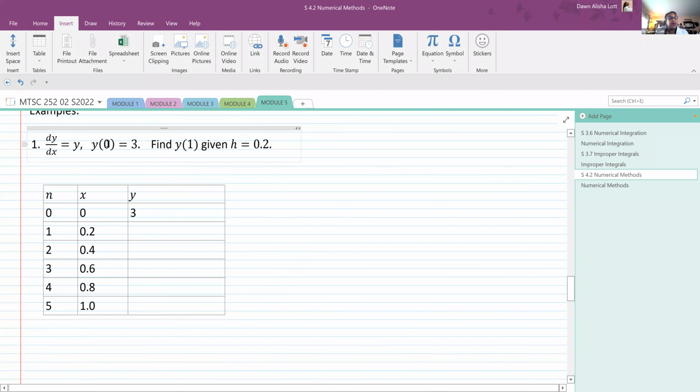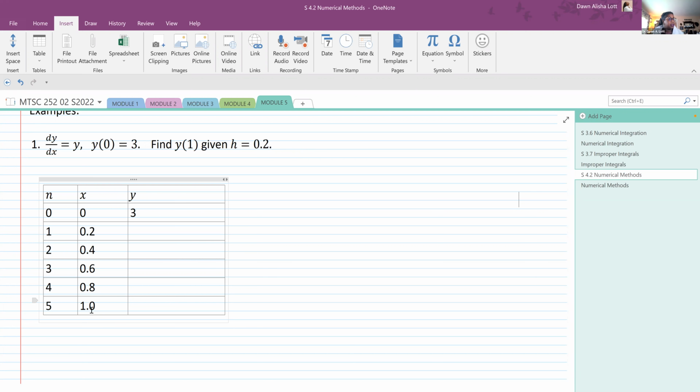The first value y0 is 3. I need to approximate y at 1, given h is equal to 0.2. So I need increments of 0.2 to get all the way to 1. It's going to take 5 iterations to get up to 1. Okay, so let's get started.